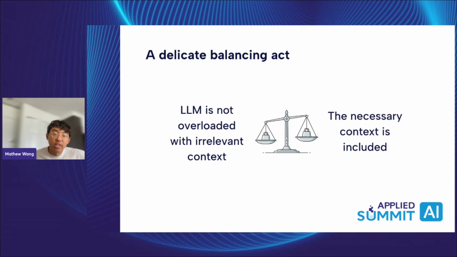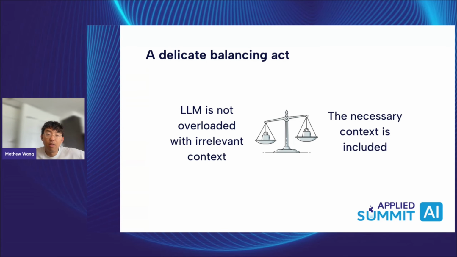The reason why it's important is because it's a delicate balancing act. If you put too much context into the LLM prompt, your LLM is probably not going to perform very well. It's going to get overloaded with irrelevant context, and you're just giving it a harder task, and it's going to perform worse.